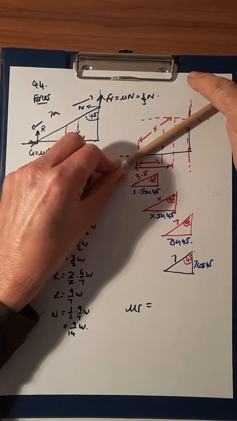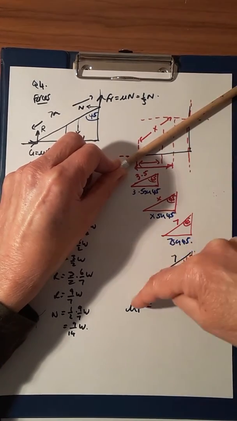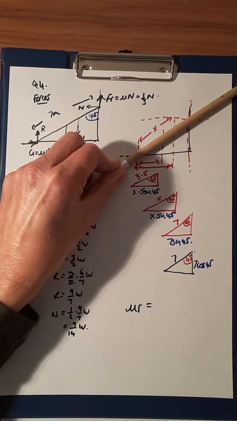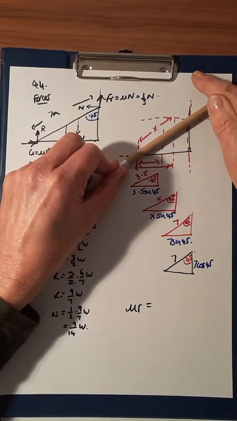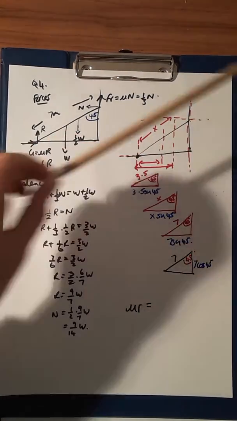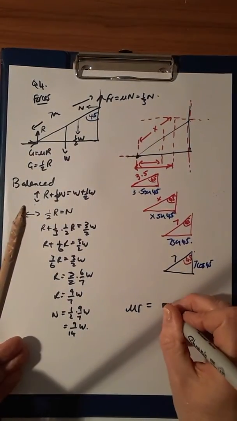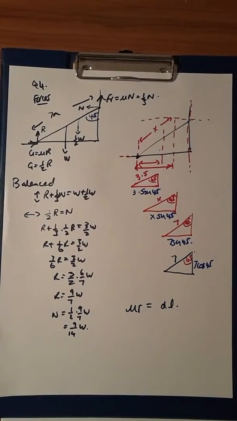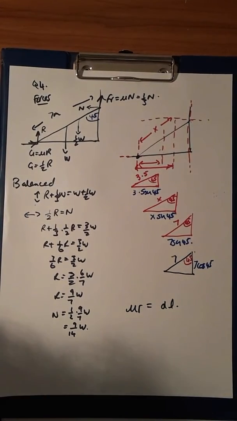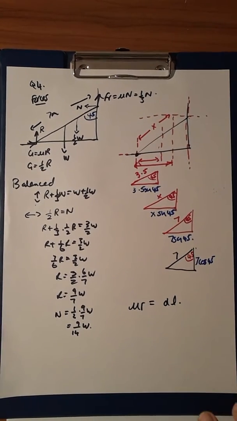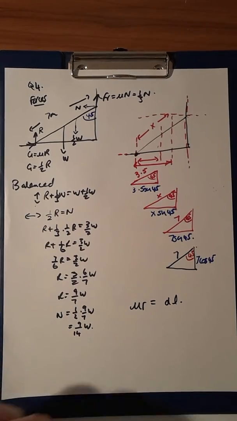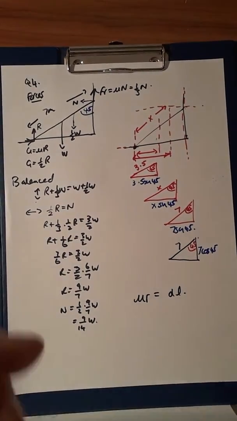So those anti-clockwise moments must be equal to the clockwise moments. The clockwise moments are the ones bringing it down from the left. So I'm putting that down from the left. Now I'm going to apply those up from the right forces and the down from the left forces.